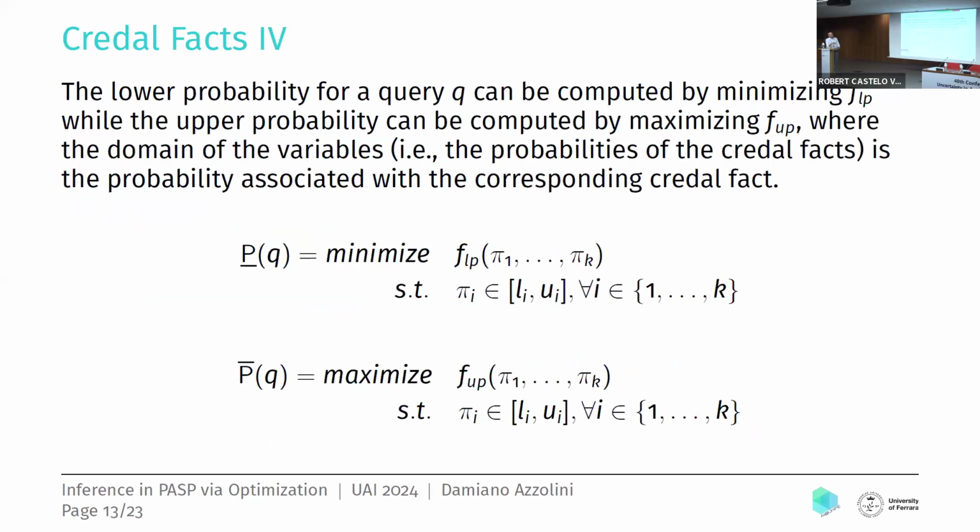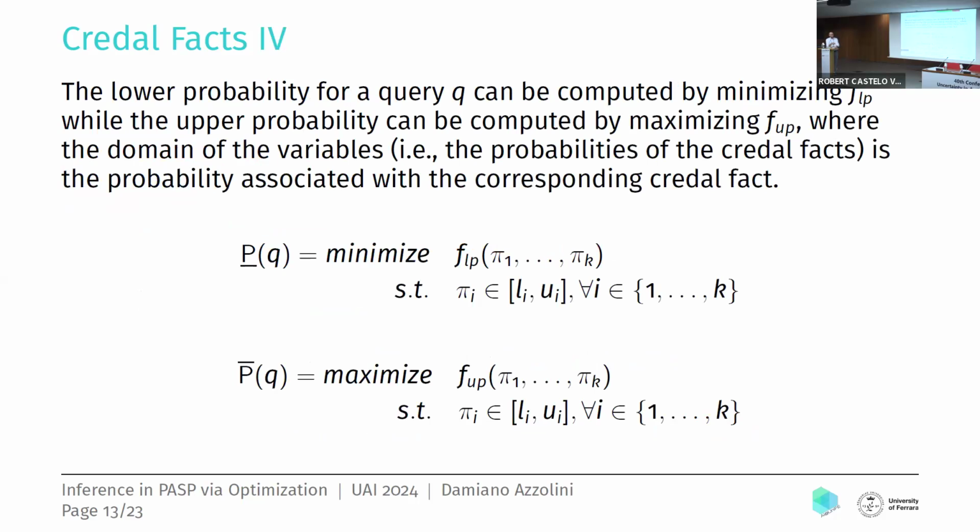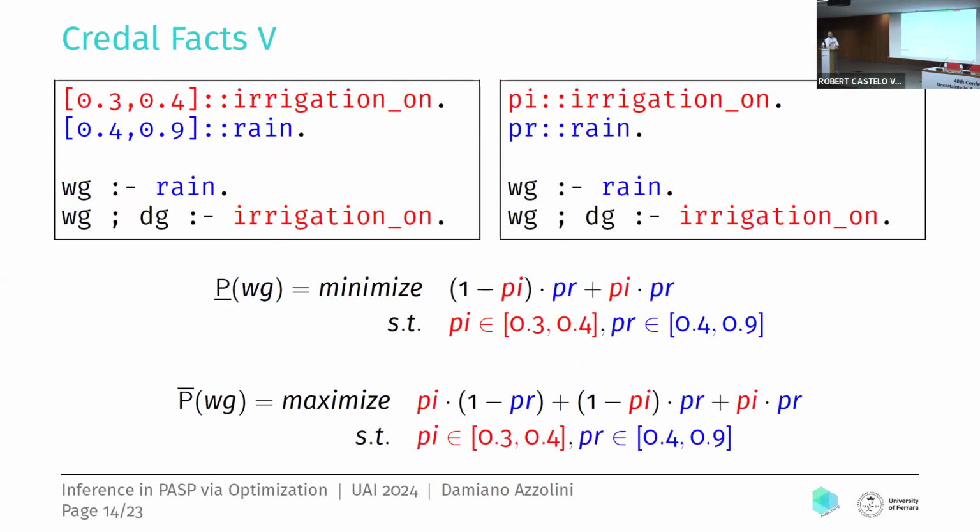Cool. How can we, starting from this equation and this program, go back to the original program, so computing the probability of the query when variables are associated with a range rather than a sharp probability value? We simply minimize the equation subject to some constraints. Let's go straight into an example. This is our starting program. We have probability ranges. We replace probability ranges with symbolic variables. We extract an equation representing the lower and the upper probability.